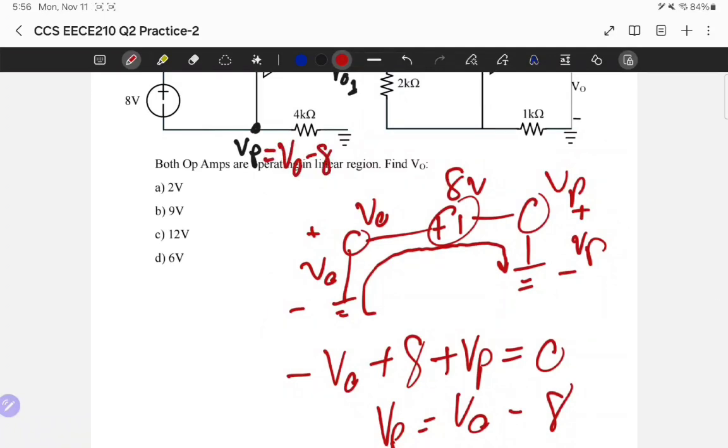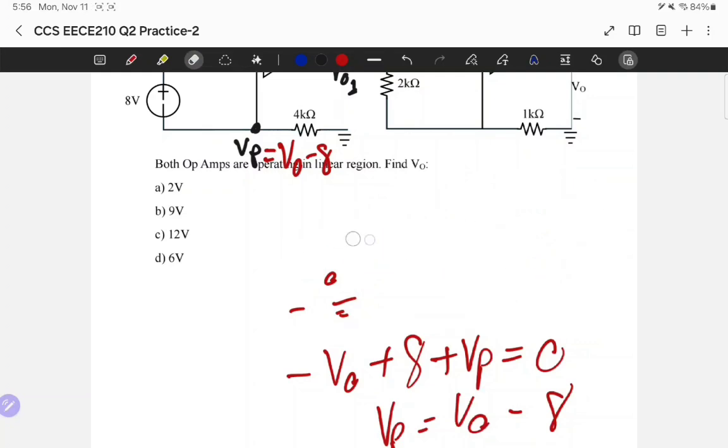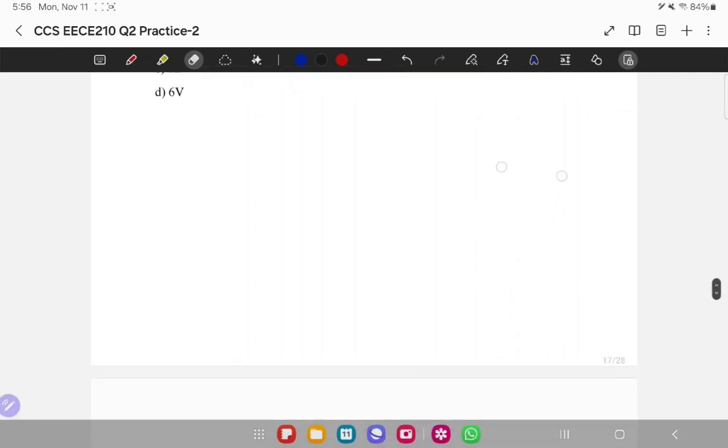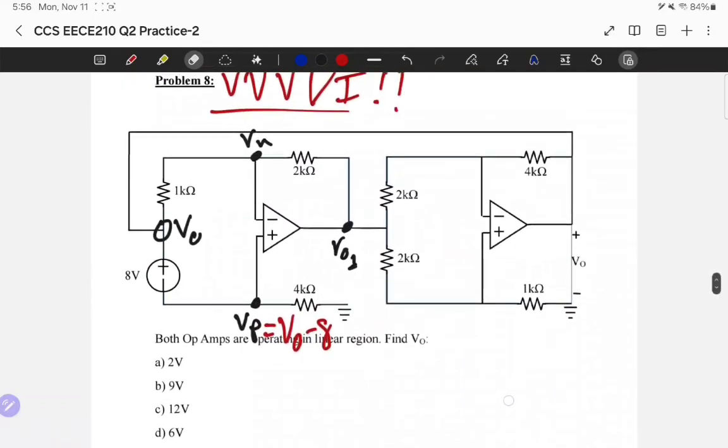I did all this calculation, and I found VP across the first operational amplifier. So I can go ahead and say VP is equal to VN, and VN is also equal to VO minus 8.